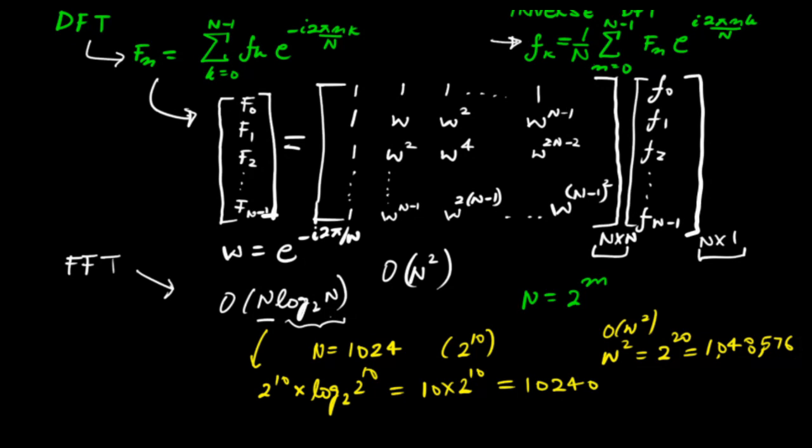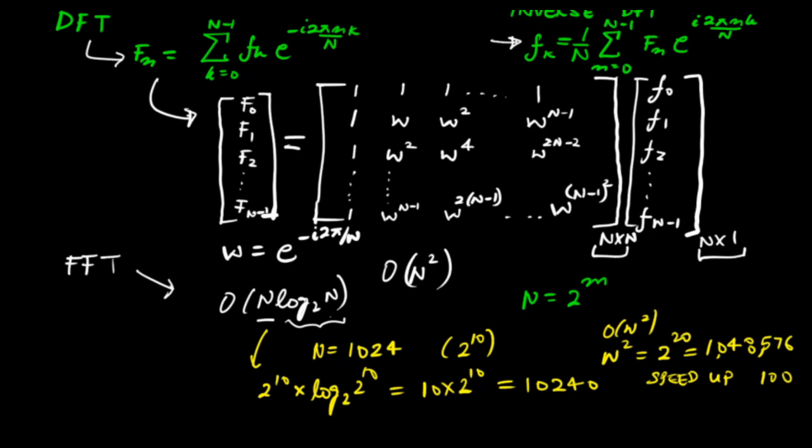If you compare matrix multiplication with FFT, direct multiplication of the matrix would require 1,000,000 operations, whereas FFT requires only about 10,000 operations. So that means there's a speed up by a factor of 100 in this particular case.